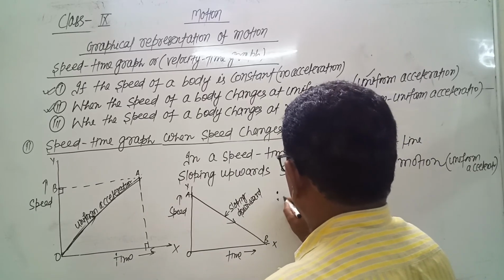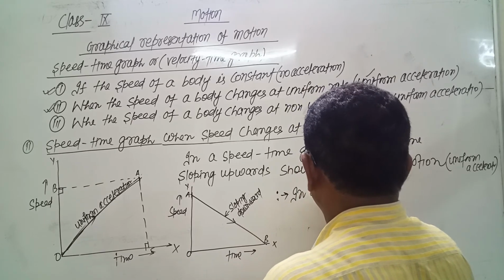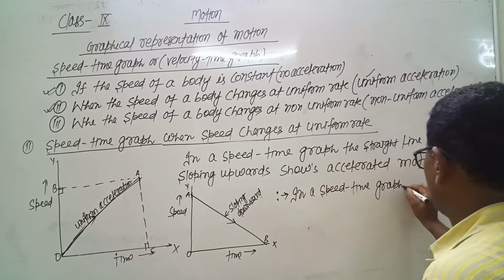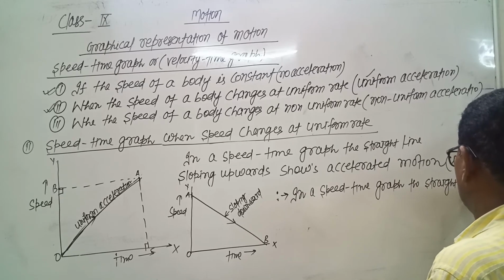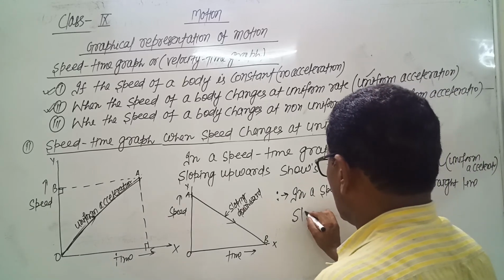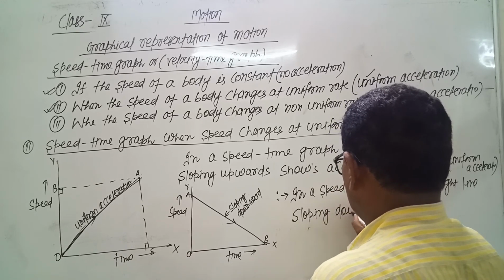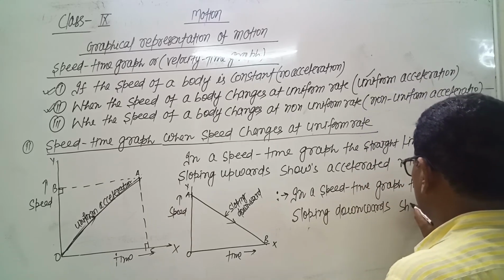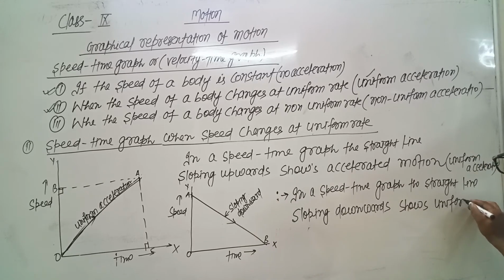So in a speed time graph, the straight line sloping downward shows uniform retardation.